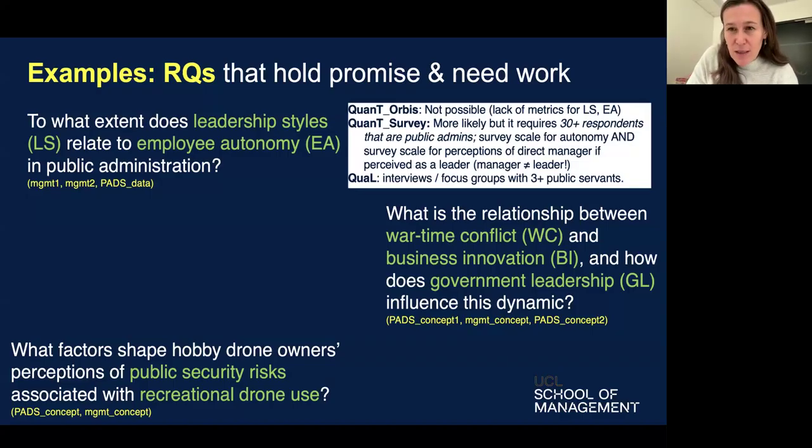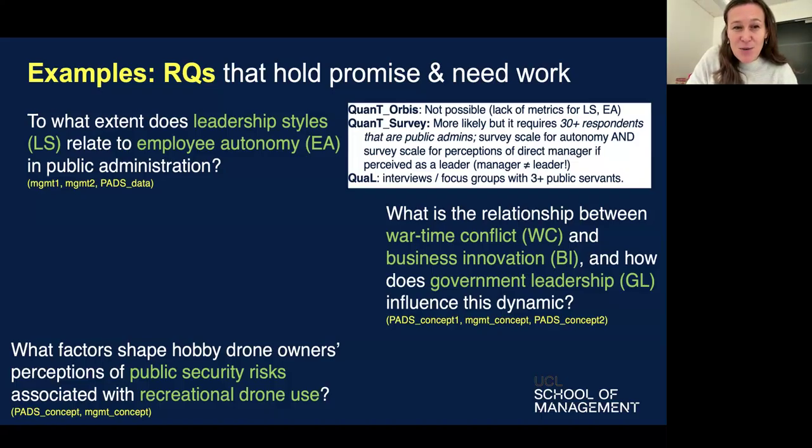In terms of getting quantitative data from Orbis, this question is not suitable, because in Orbis we don't find metrics that are organizational about people. Orbis reports a lot of financials. Some financials may be proxies for people-related issues, but they're imperfect. That's still acceptable as long as you have an argument that it's a good proxy. But in my experience with Orbis, I didn't find a proxy for leadership styles.